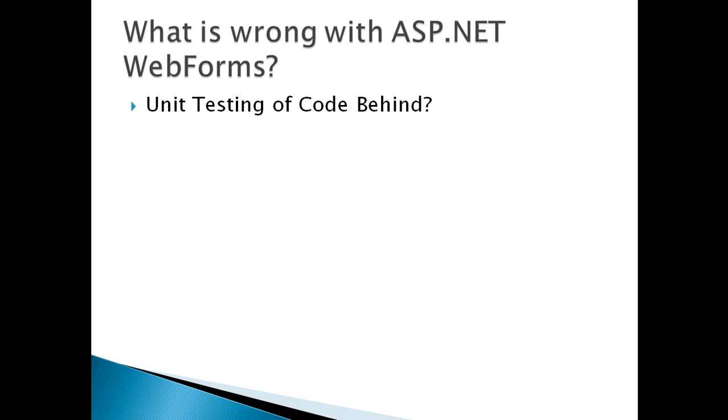If you decide to go for unit testing, you will have to create an object of the page and call those methods yourself. But then the scene is completely different. The class is not a normal class; it's a page class.